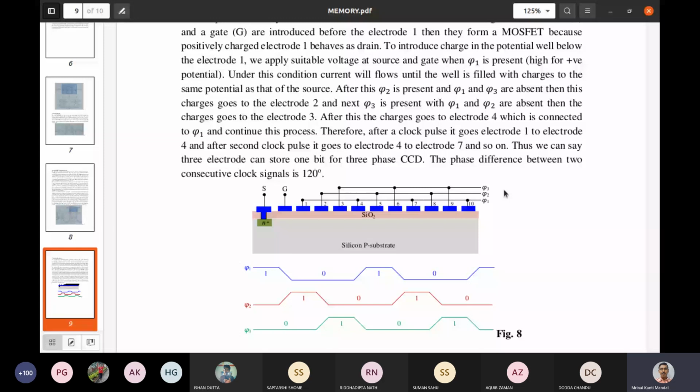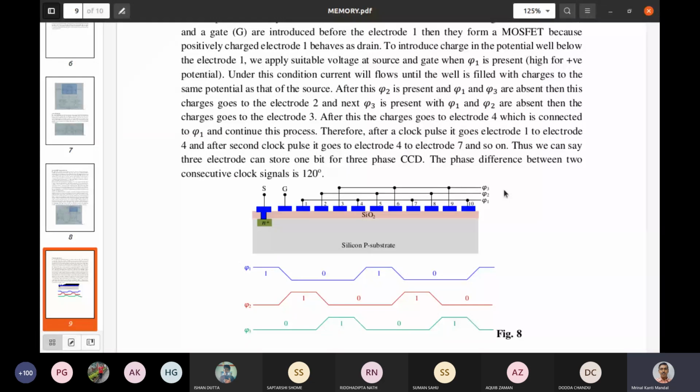So now you can understand that this charge will be shifted from one electrode to another by applying the potential from the clock signals phi 1, phi 2, phi 3. And these three electrodes, that is 1, 2, 3, can store a single bit.